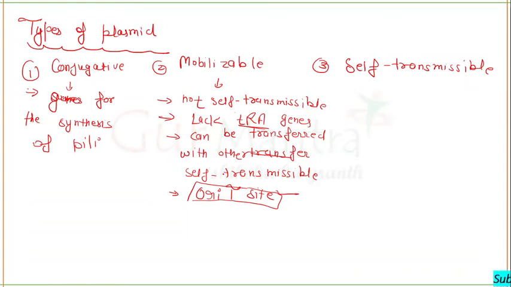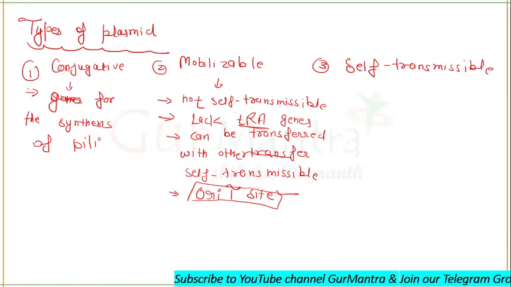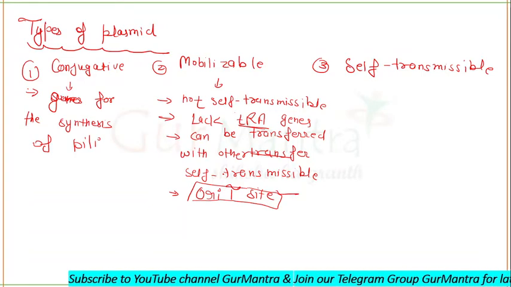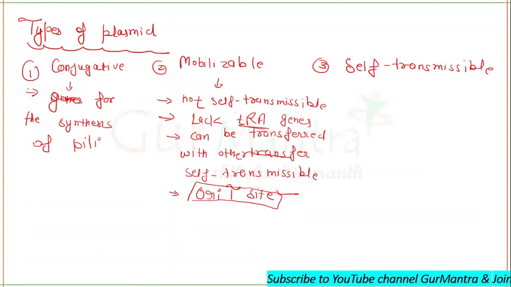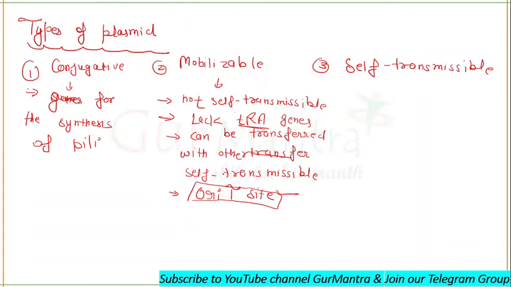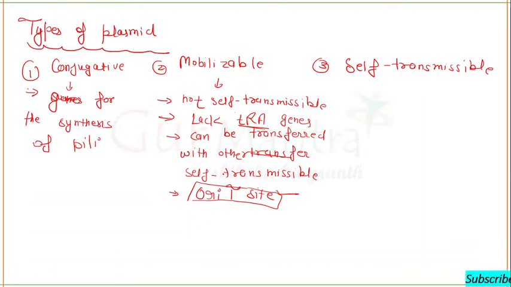These plasmids are not self-transmissible because they do not have TRA genes, but they can be transferred by self-transmissible plasmids. Such a plasmid is called a mobilizable plasmid, and the process by which they are transferred is known as mobilization.